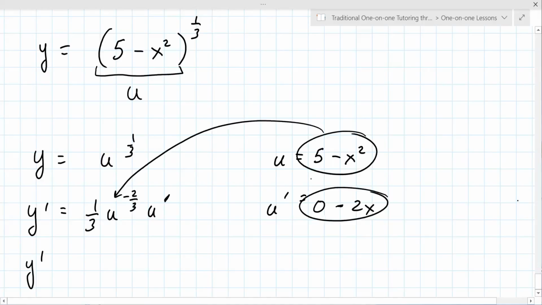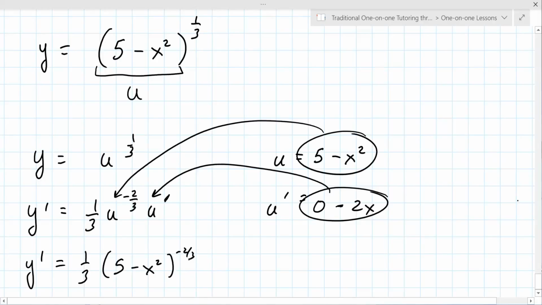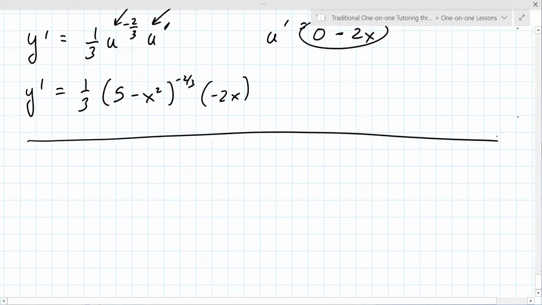You take this right here and put it in for u prime. So it's 1/3 times 5 minus x squared to the minus 2/3 times minus 2x. First I have to figure out what's the u, then the u prime, then plug in.